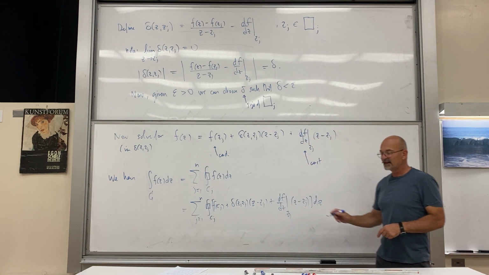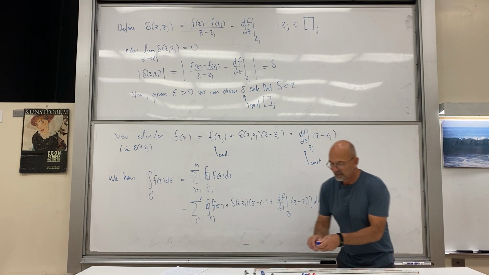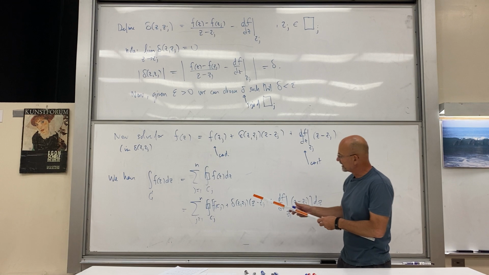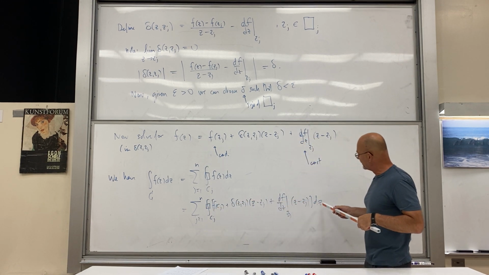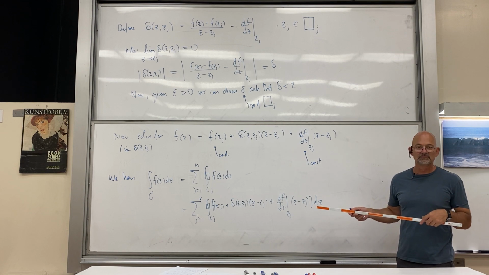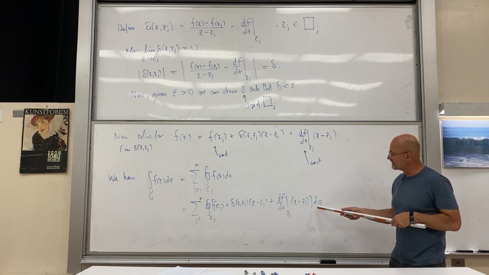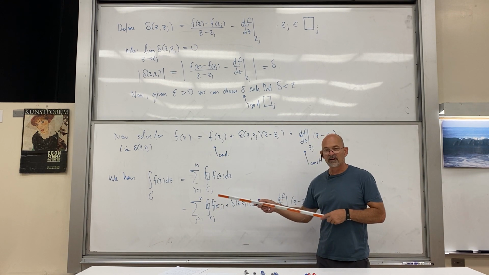Okay, now we have to study these closely because most of them vanish actually. So the integral around a box with a constant times dz is 0, clearly 0. It has the antiderivative z, and you evaluate on a closed curve, it goes to 0.